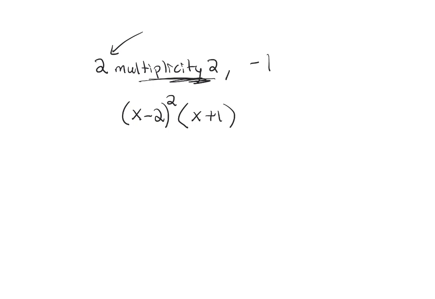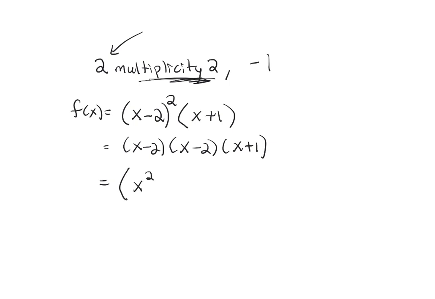So now if we expand that, this is f of x. So that would be x minus 2 times x minus 2 times x plus 1. So I'm going to have x squared minus 4x plus 4. And then I still have to multiply by x plus 1.